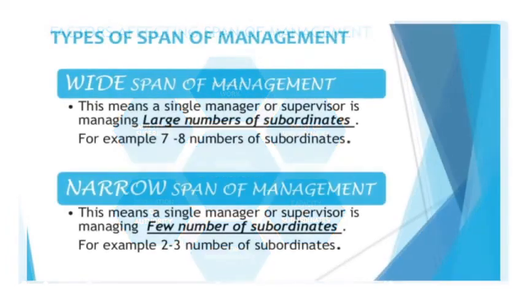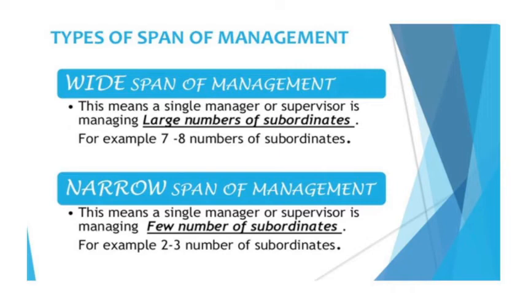Then coming to the types of span of management. One is a wide span of management, another is a narrow span of management. In a wide span of management, one supervisor is allotted more than 7 or 8 subordinates, where the organization finds the supervisor capable of controlling them.